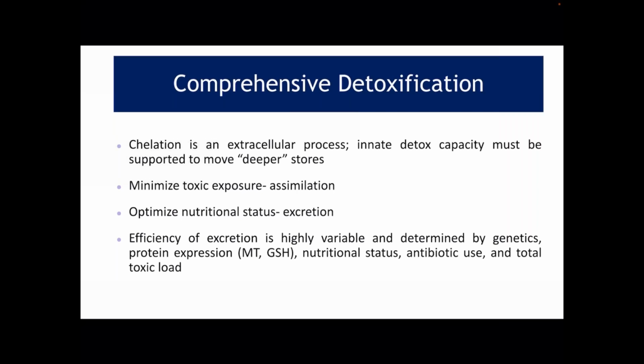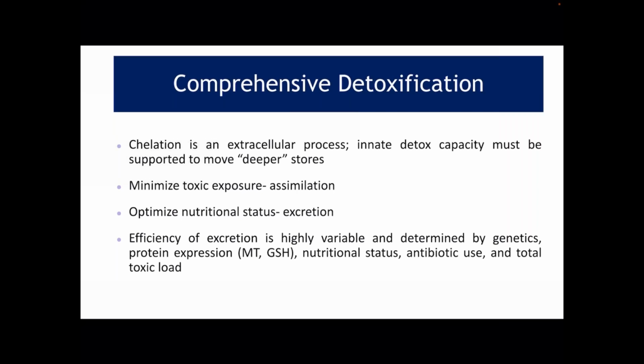As you reduce the intracellular activity and you get rid of what's in the arteries, etc., then using your other detoxification things, it will bring it into the space where chelation can pick it up each week. We know that you need to minimize toxic exposure. We talked about that. We must make sure that our routes of excretion, whether it's bile or urine, that's phase 3 detoxification, are working well, and that's a topic for another discussion.